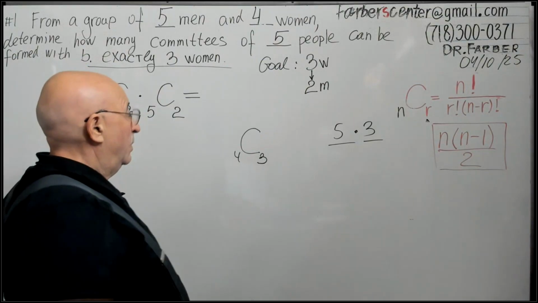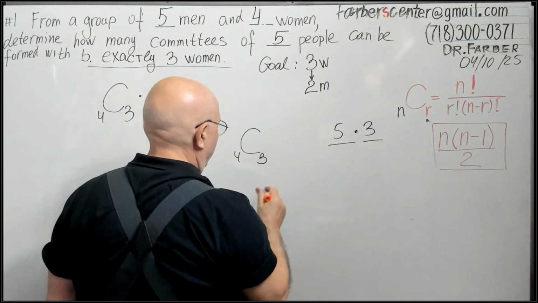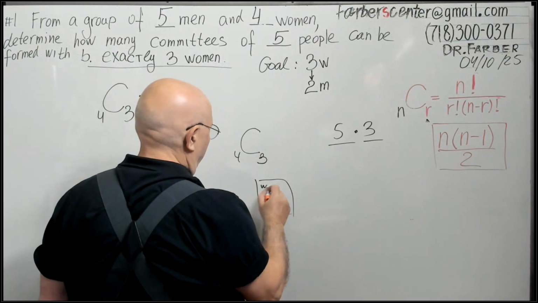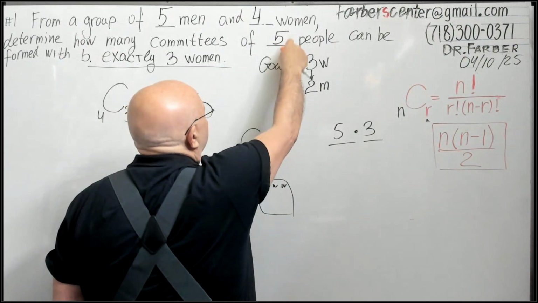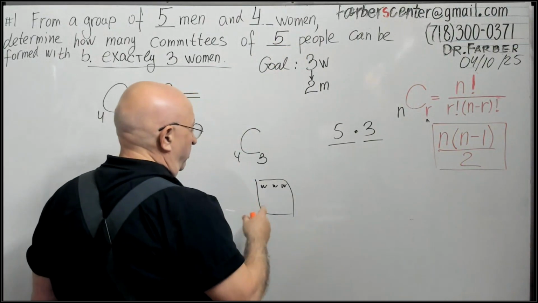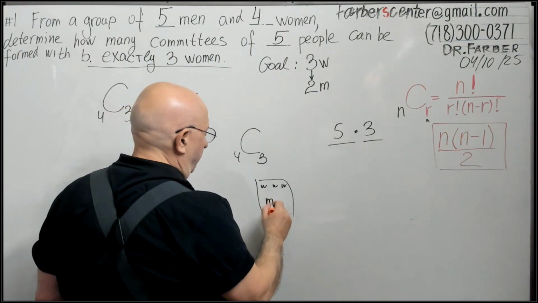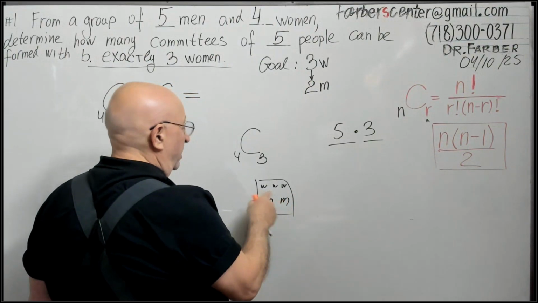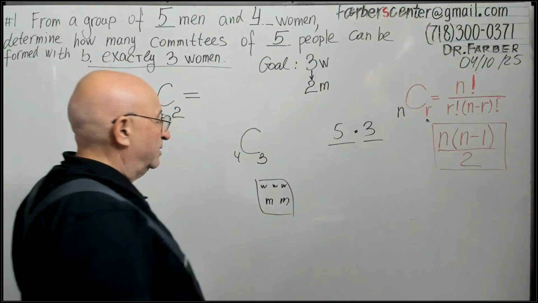Why? Because we have a condition. I have a committee, and there are 3 women, but I need to have 5 people. I get 5 people if and only if I have 2 men here, right? Now I would have exactly 3 women and 2 men. I satisfy this condition. So far so good?